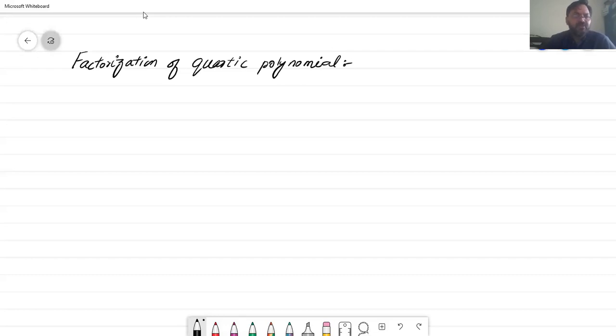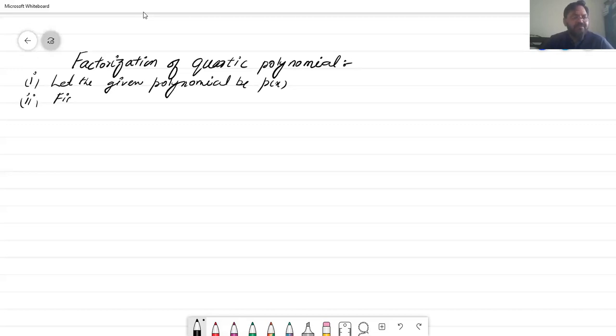There are 4 steps. Step number 1: let the given polynomial be p of x. The same procedure you have to follow.